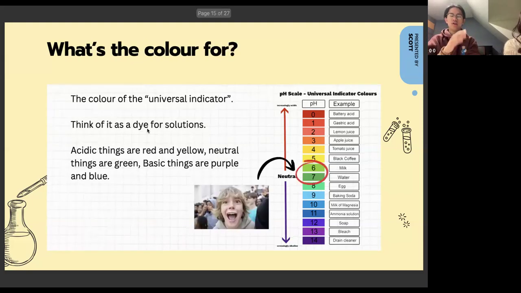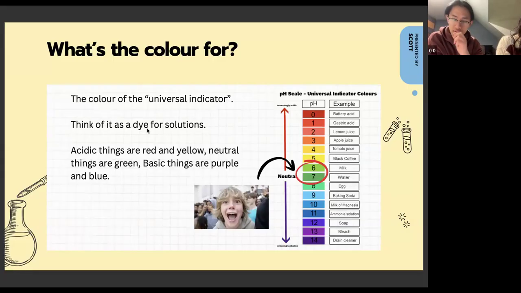Anyhow, the colors on the chart right there are the colors of a solution called the universal indicator. At no point in your course are you required to know what the universal indicator is made up of. Just know that the universal indicator is commonly used to detect how acidic, neutral, or basic something is. It's like a dye for solutions.